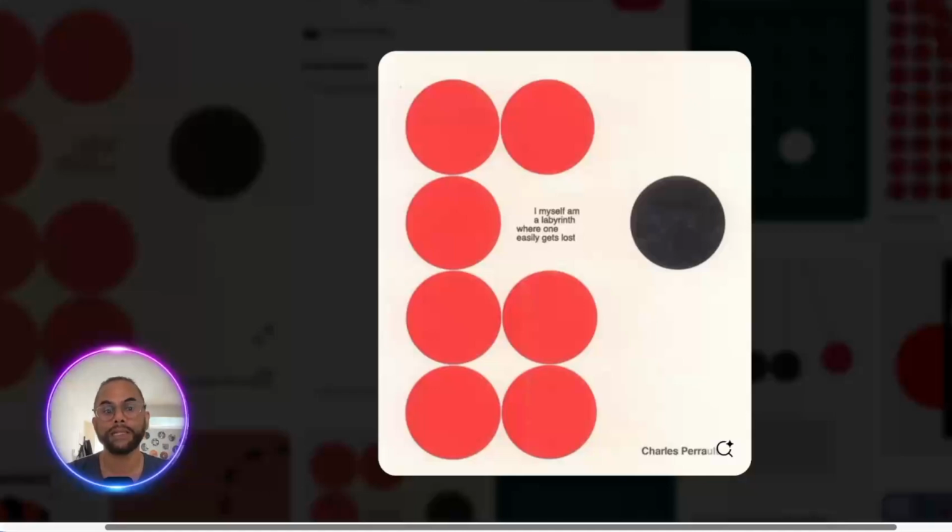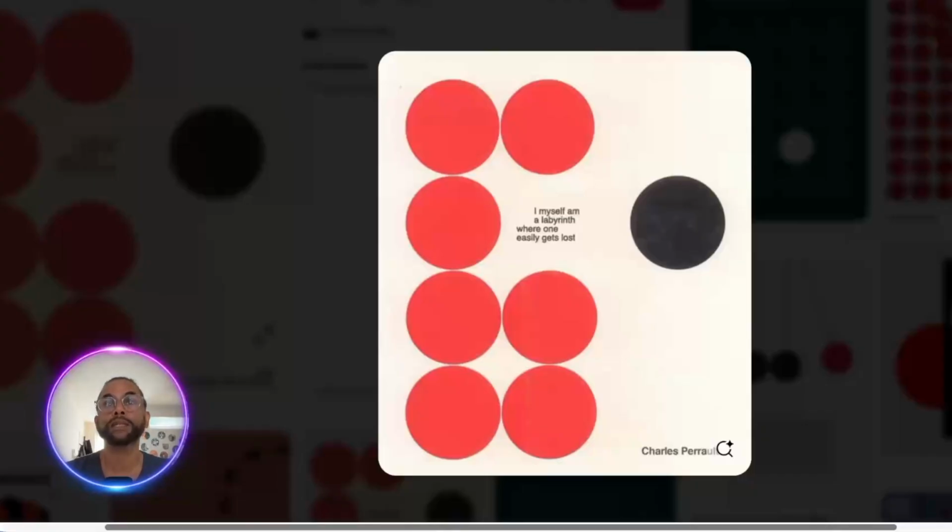Do you notice anything else? The black circle is not bigger than the others. It's simply different. And I think this position makes it impossible to ignore the actual black circle. This is something designers do all the time, I've noticed, and they don't just decide what goes on the page, they also decide where it goes.